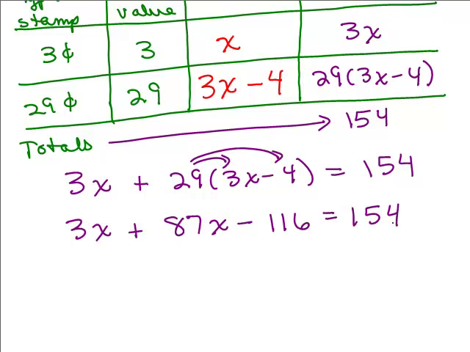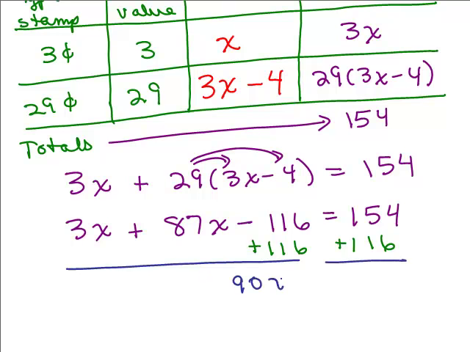On the left-hand side, I can combine the like terms, and I'm also going to add 116 to both sides. So we have 90X equals, I think that's 270. Nice. When we divide by 90, we get X equals 3.